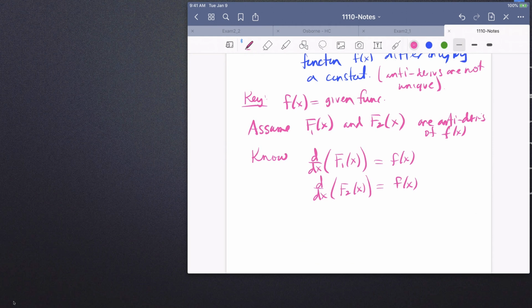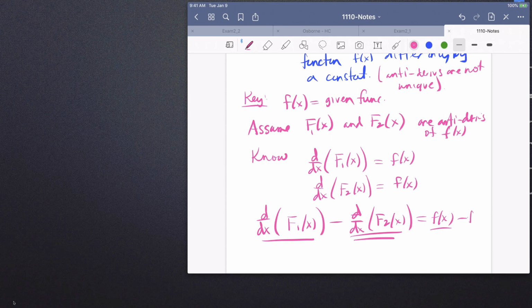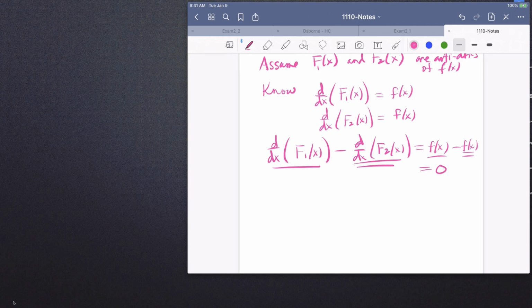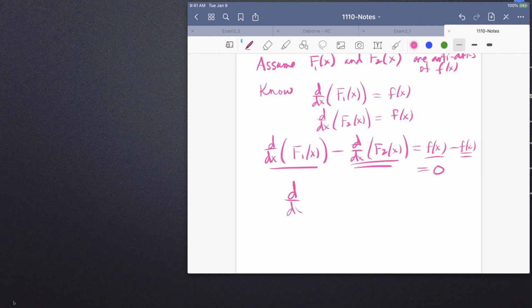If both of these are true, then when you subtract these two derivatives, since both were equal to f of x, f minus f is equal to 0. So the derivative of these two functions subtracted from each other is equal to 0.